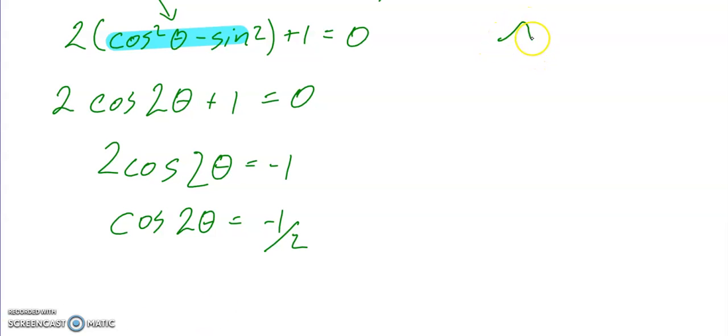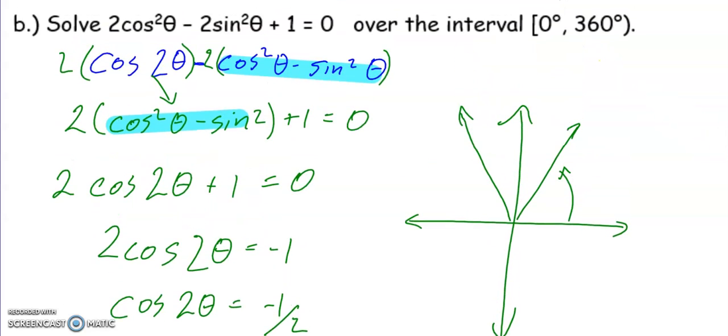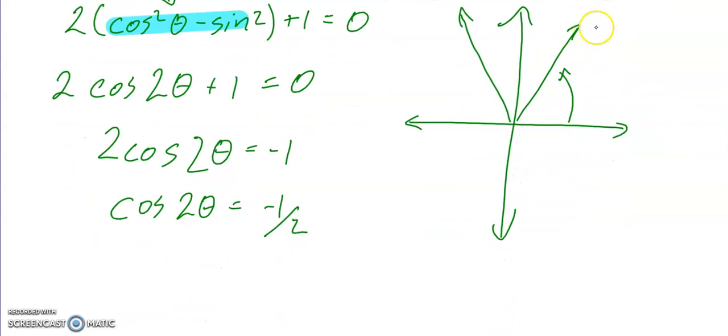All right, so here is my unit circle. Where does cosine equal -1/2? It's the third angle up, but I'm on the negative side. I'm using quadrant 1 to get my reference angle, and we want to do it in degrees.